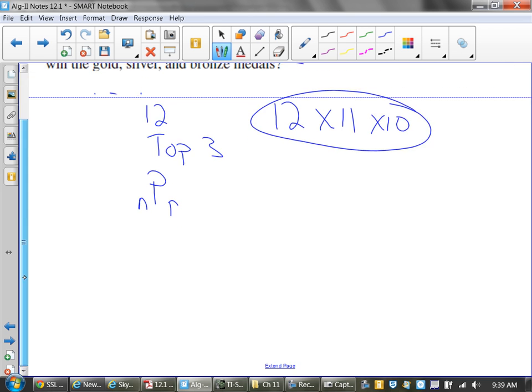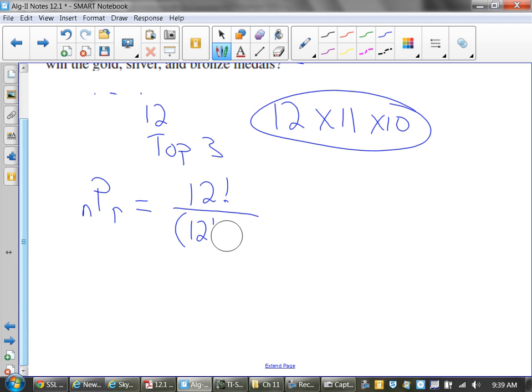What your calculator is doing, when there actually is a button for this, is taking 12 factorial divided by 12 minus 3 factorial. That's the formula. Because what is 12 factorial? It's 12 times 11 times 10 times 9 all the way down to 1. What's 12 minus 3? 9, so 9 factorial would be 9 times 8 times 7 and so on.